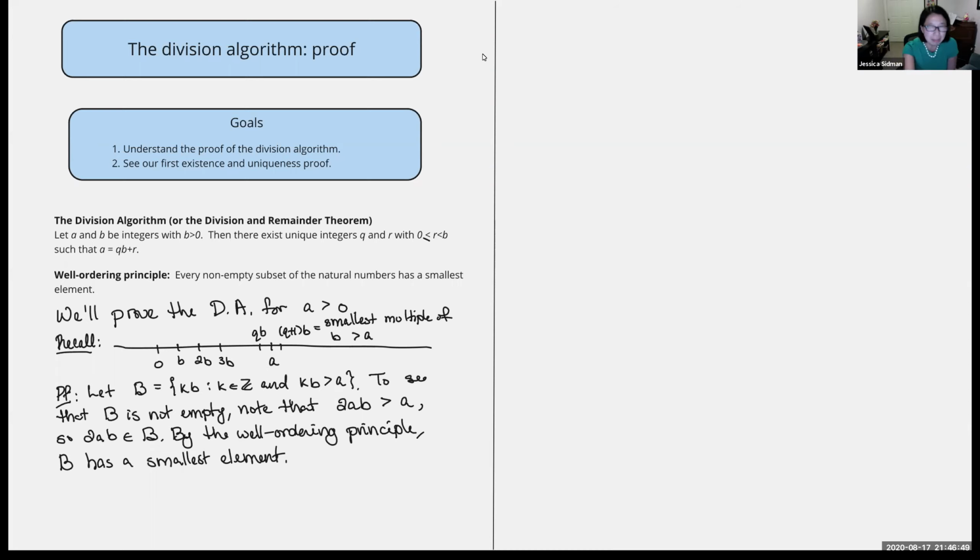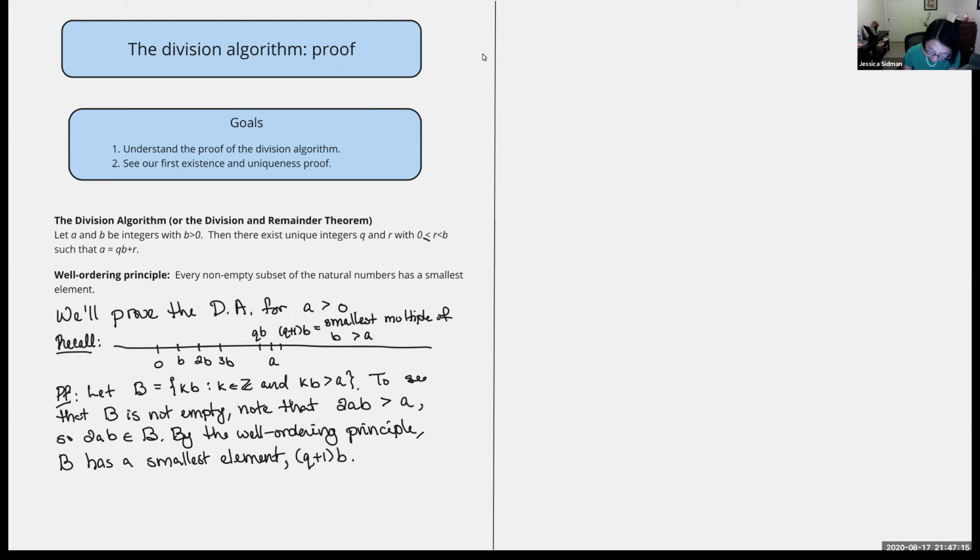I'm going to look at this picture that we drew, okay? And the picture says the smallest multiple of B that's greater than A, it will be handy for us if we call that Q plus 1 times B. It has the smallest element, and we're going to call it Q plus 1 times B. There exists one, and we can call it this, okay?